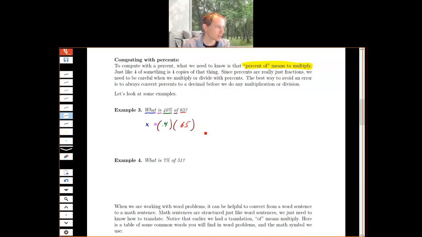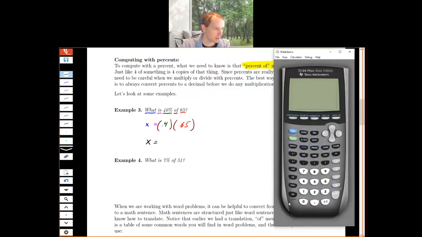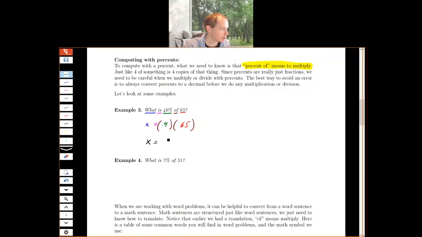Or I can just look at this as an algebra equation, and I can solve it, right? And I can say, okay, my unknown is 0.4 times 65. I get out my calculator, and I just type that in. Okay, there's no bonus points for doing mental math. So, you get your 26, and you're very confident that that's the answer. So 40% of 65 is 26.